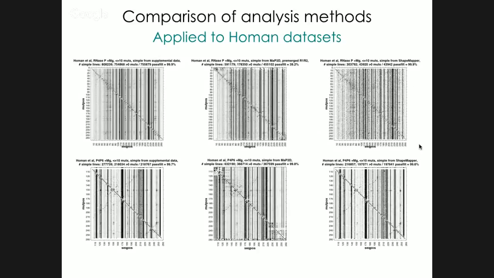And I'm not sure why so few of the reads from the fastqs were actually properly counted as part of the 2D data set when I used the shape mapper analysis. But I can track that down.